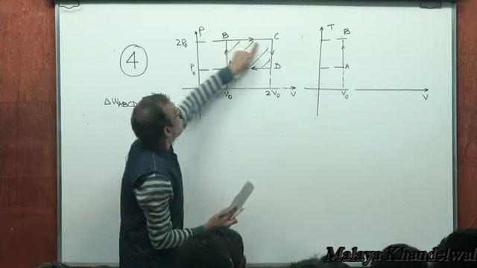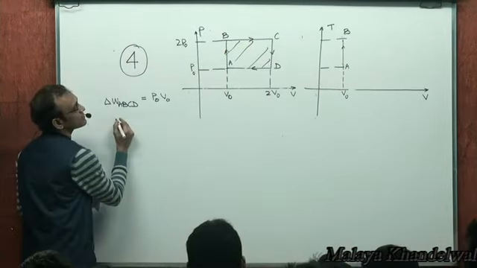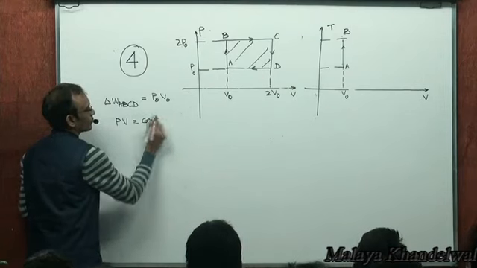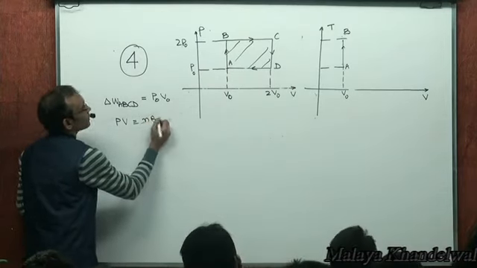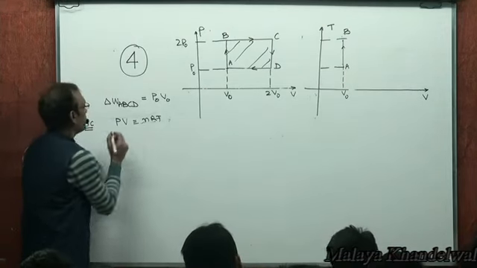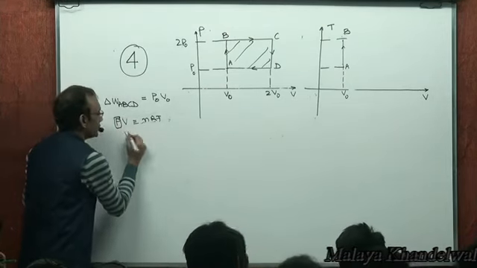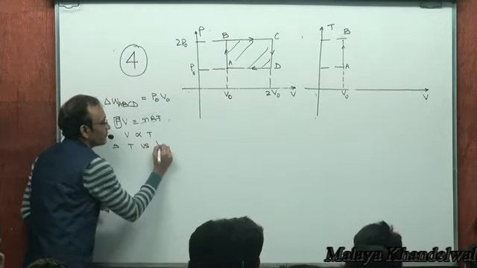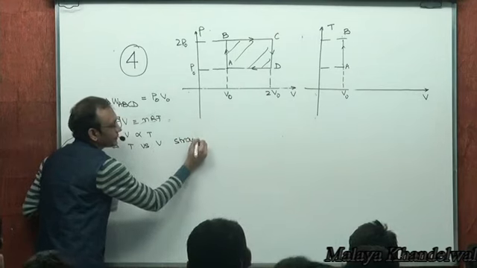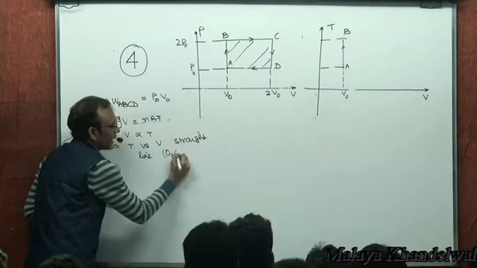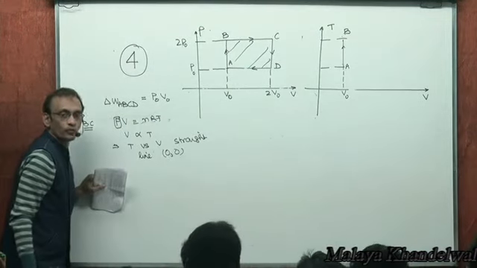Now, when I go from B to C, that's a constant pressure process. PV equal to nRT, that's for, let's say, the process BC. P is constant, so V will be proportional to T. That means T versus V will be a straight line passing through the origin, yes or no?